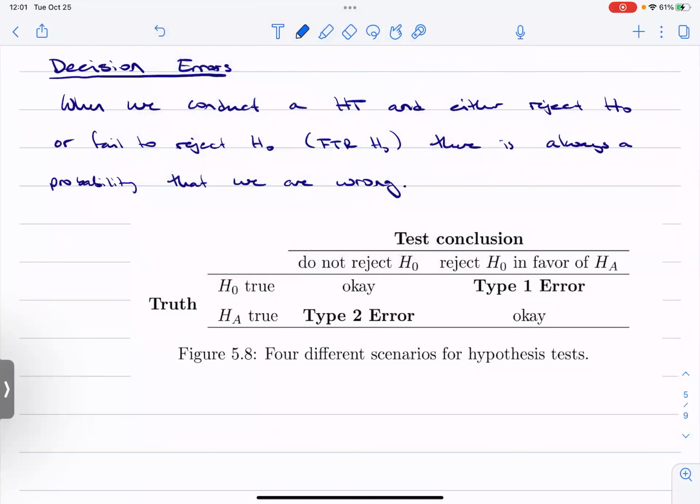So I like to kind of just memorize a version of this table, right? You might want to make it a little bit shorter, but you've got your test conclusion, which is our conclusion. You either fail to reject H naught or you reject H naught.